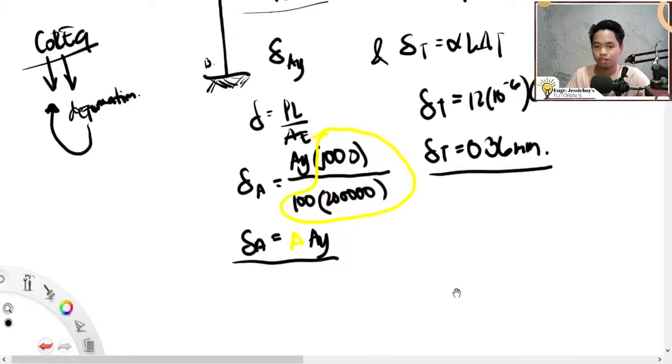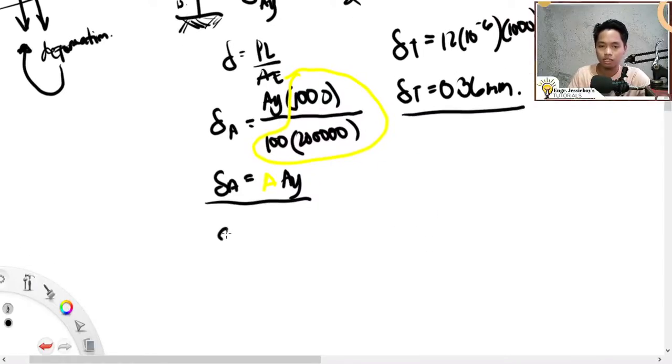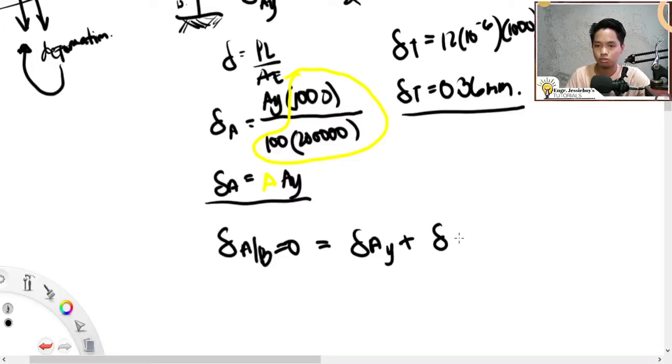For the compatibility condition, the deformation of your A with respect to B is equal to 0. And again, that is equal to the deformation due to your force AY plus the deformation due to your thermal stress. Please take note, since AY is compression, this would be a negative deformation, or contraction.